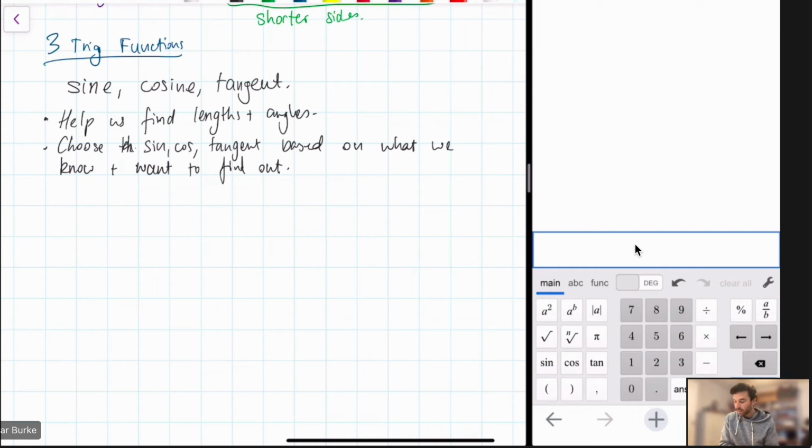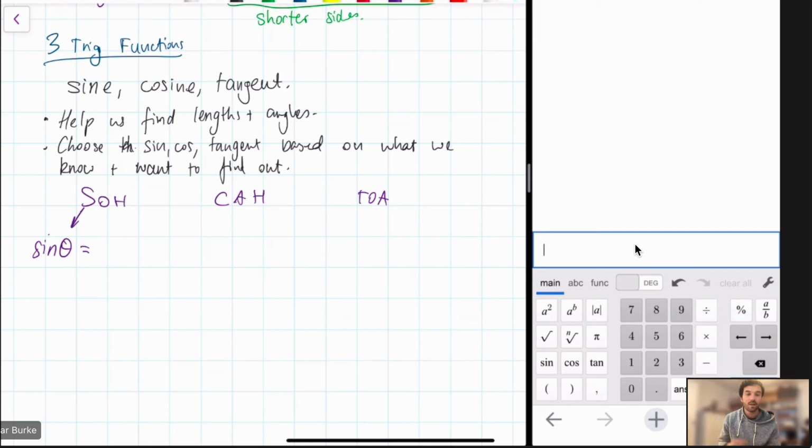Okay, so let's go through what sine, cosine, and tangent stand for. Now you may remember this saying, SOH CAH TOA. Okay. Now this here helps us remember, it's called a mnemonic, it helps us remember what each one stands for. So S is for sine, theta.